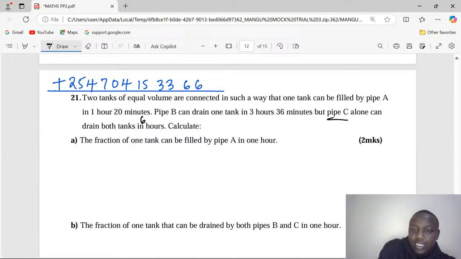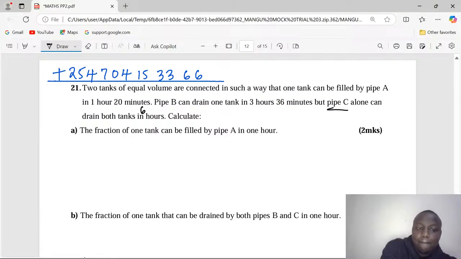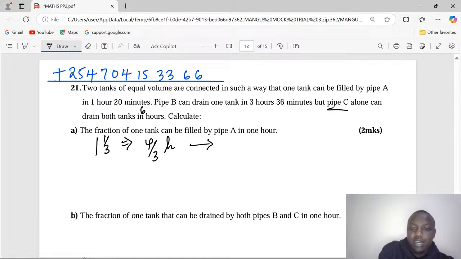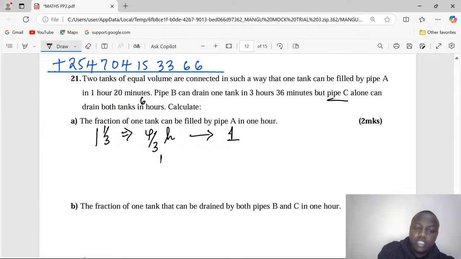We are saying that in 1 hour and 20 minutes, which means 1 and a third hours, this can also be converted to 4 over 3. In 4 over 3 hours, pipe A can fill the whole tank. What about in 1 hour?